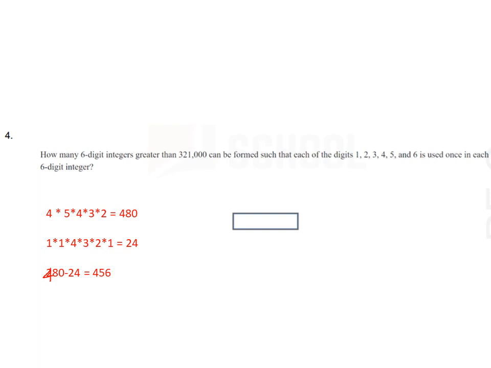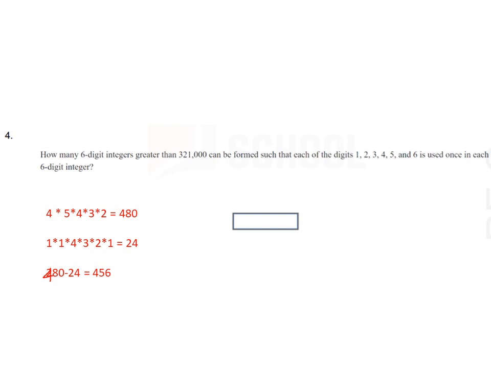Now notice that in the given integer 321000, 3 is given here. So we can have an integer that is greater, for example 321001. So we need to take the difference of the integers that are already given and that we have counted twice.